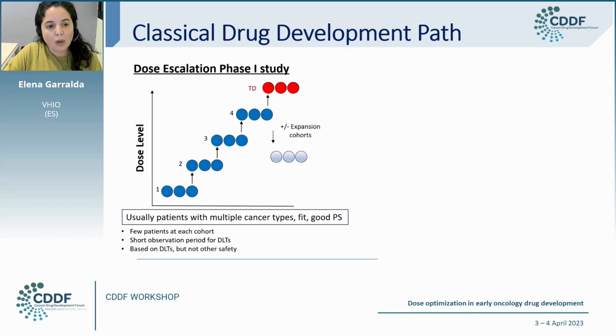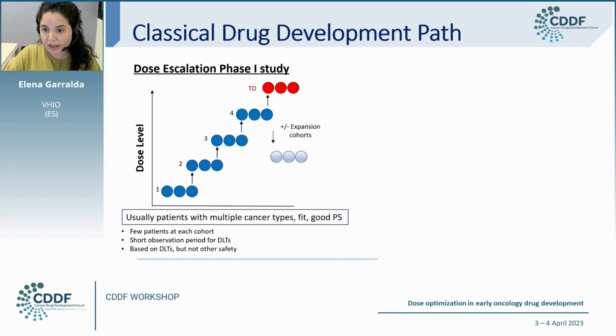So what have we done until now? The reality is that, as we've heard also in the first talk, what we were doing in phase 1 was really having very small, very fit patients that went into small cohorts and escalating based on toxicity. So we were looking for the maximum tolerated dose based on these toxicities, mainly the DLT.